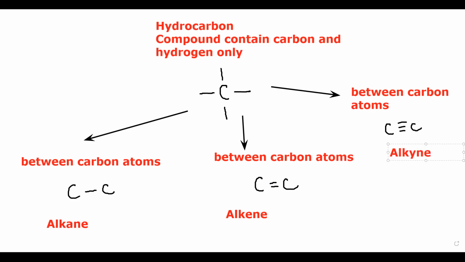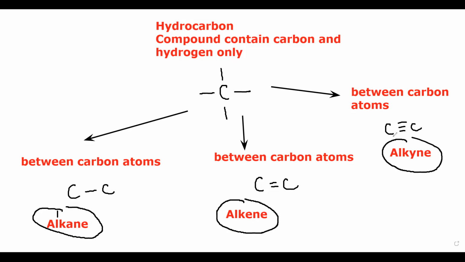So there are three classes of hydrocarbon. Between the two carbon atoms they might have a single bond, and that class is alkane. If they have a double bond, that class is alkene. And if there's a triple bond, that is alkyne.